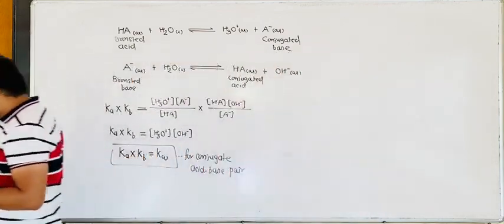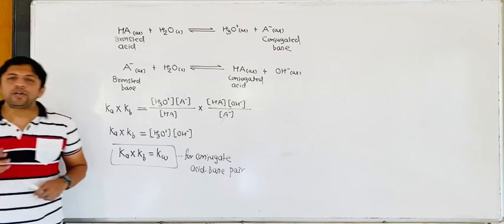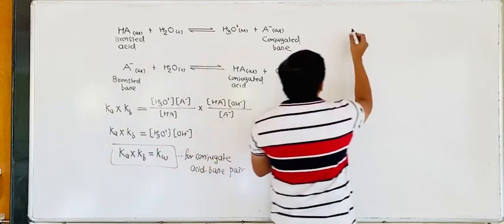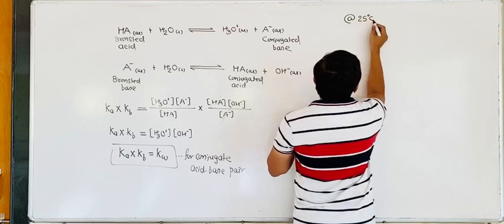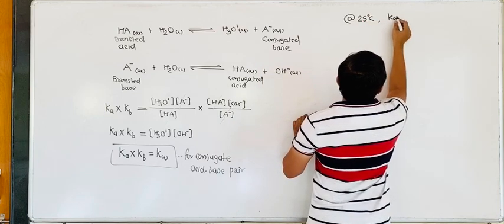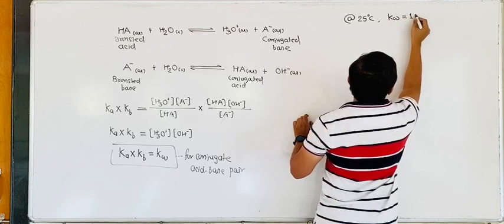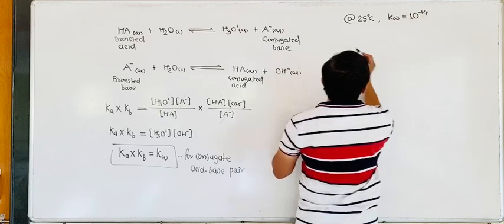If we consider temperature is 25 degrees Celsius, at 25 degrees Celsius, this value of Kw is 10 raised to minus 14.